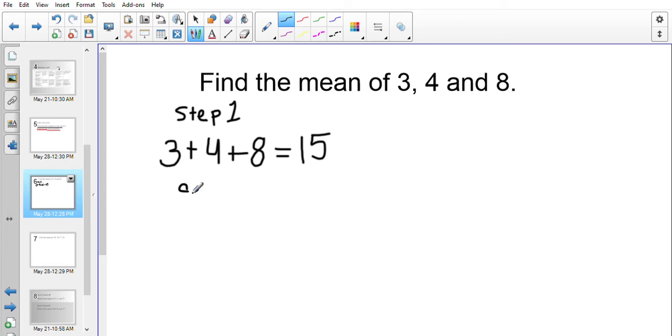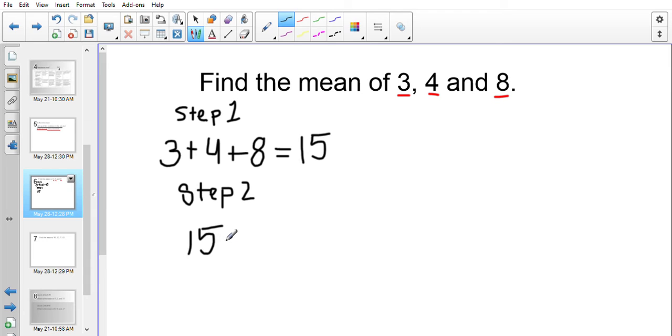Well, step 2 is going to be to take the result from step 1, which was 15, and we're going to divide this 15 by how many numbers there are. Well, how many numbers are there? There's 1 number, there's 2 numbers, there's 3 numbers.